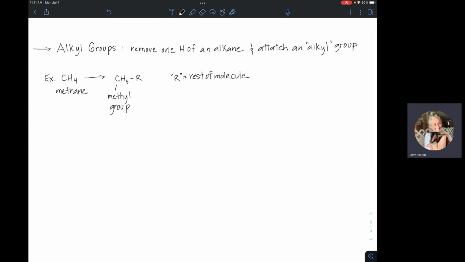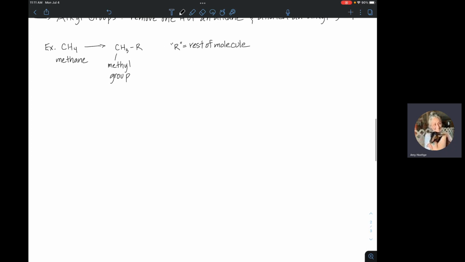So it goes from being methane, where it's the star of the show, its own molecule, to being a methyl group that's attached to some other parent molecule. So let's look at another example. I can have butane, regular old n-butane.